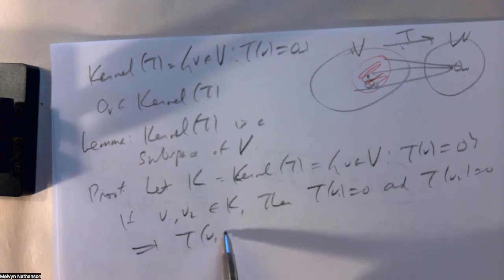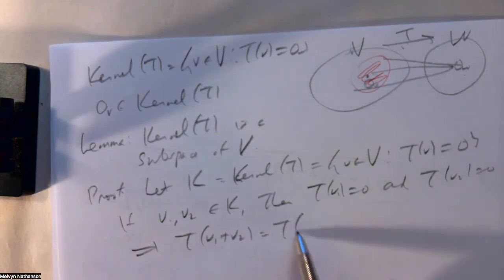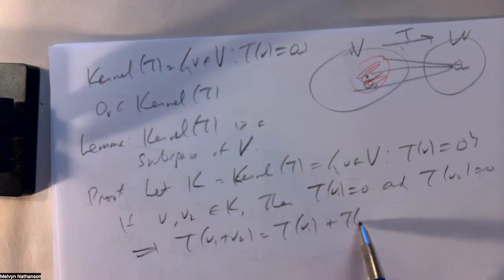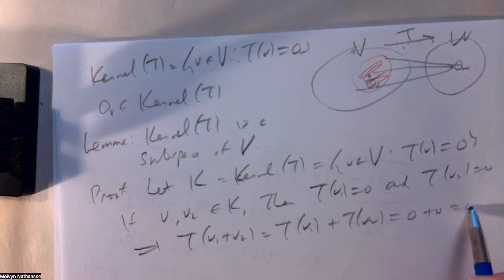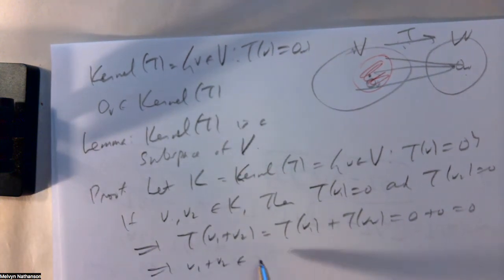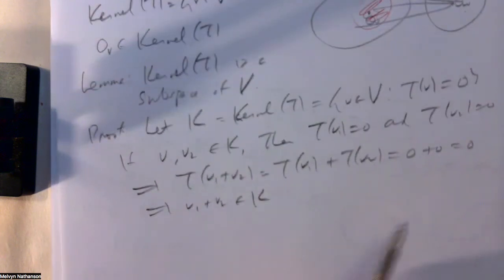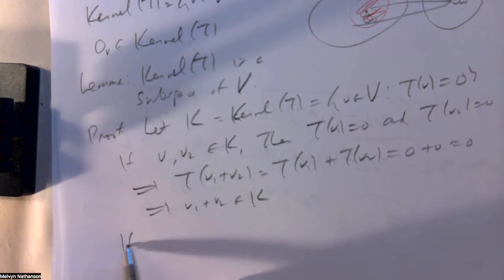But then T of V1 plus V2, because this is a linear transformation, is T of V1 plus T of V2. This is 0 plus 0, which is 0, which means V1 plus V2 is in the kernel. So this kernel K is closed under vector addition.